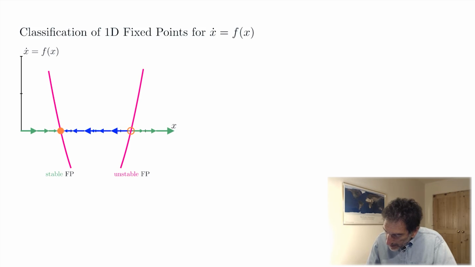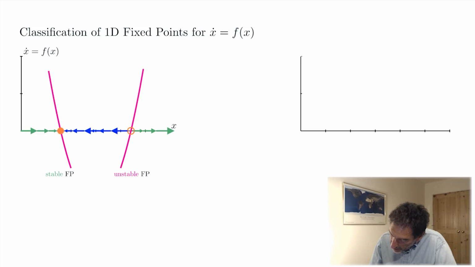There's another way that we can have stable and unstable fixed points. And this happens in the more, I would say, unusual situation where f of x goes through 0, but with 0 slope. And so let's draw the analog of stable and unstable fixed points when f of x goes through 0 with 0 slope. So for example, we could have a function that has a cubic near the origin, and so it comes in with 0 slope and then crosses and goes below.